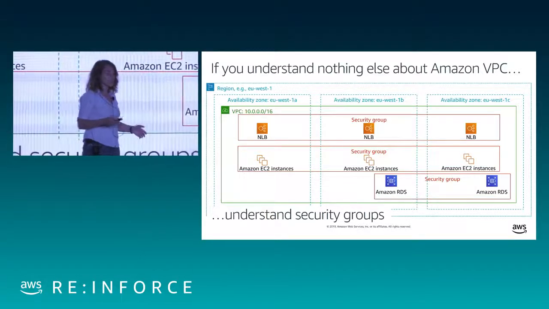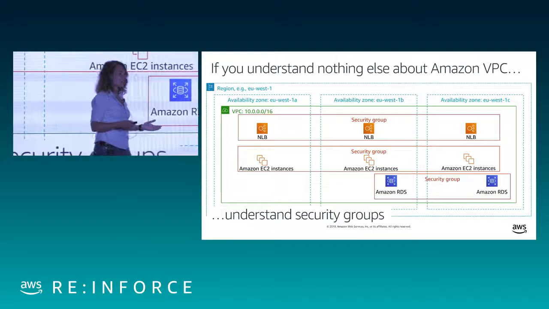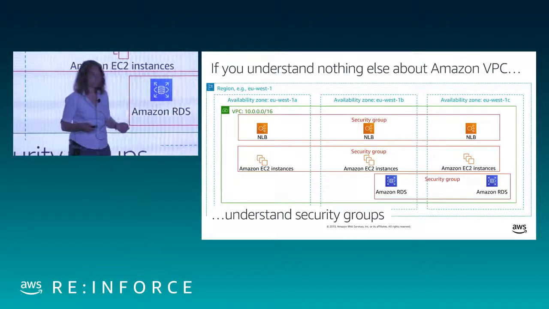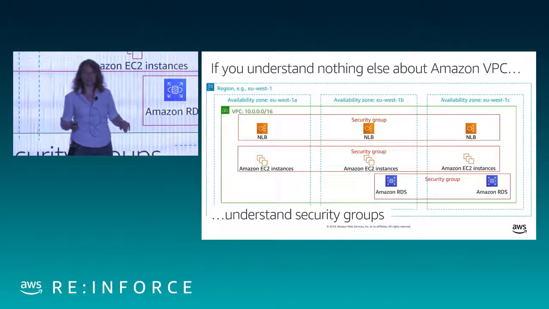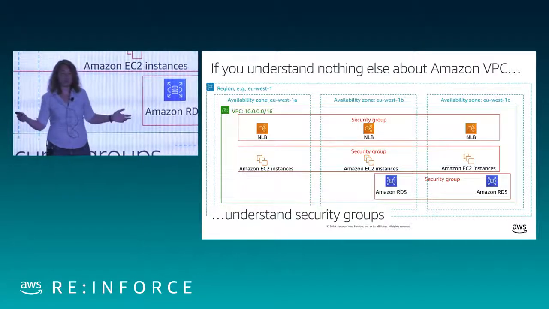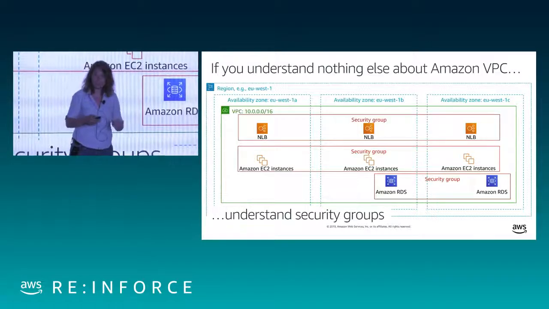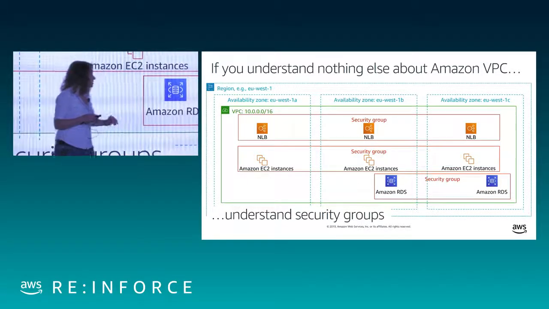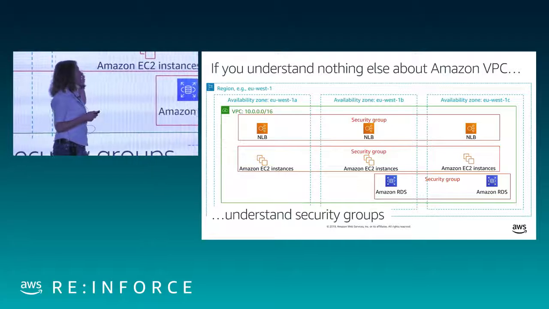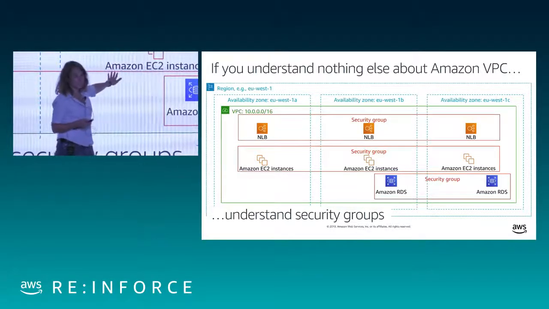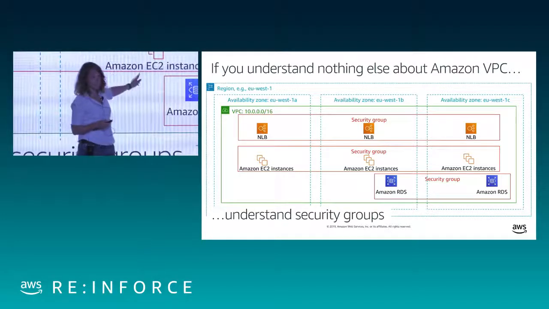And for each of these groups, I can describe in English what connectivity I expect. For the network load balancer, I want HTTPS traffic from everywhere because my customers are everywhere, so I want their traffic on that specific port. For these EC2 instances, I certainly need access on whatever port the application is running on, from the load balancer.